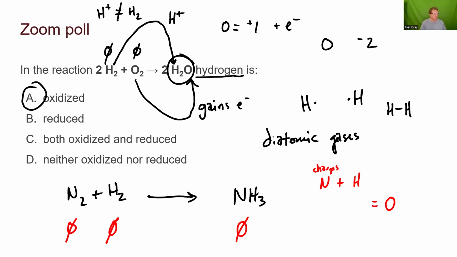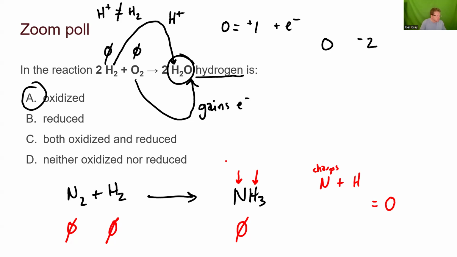Okay. So whatever the charge of this nitrogen and the charges of all of these hydrogens within this molecule, those will be added up and equal zero.